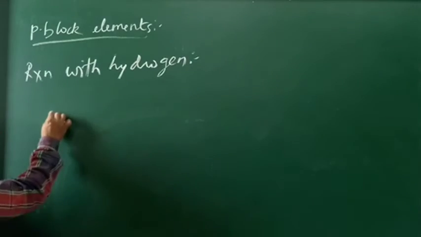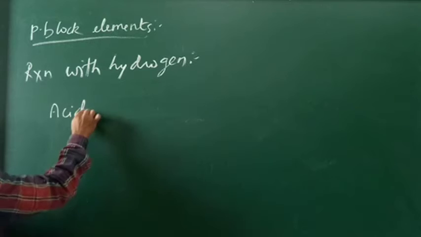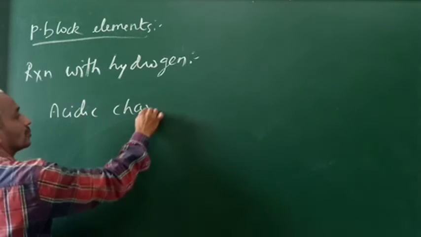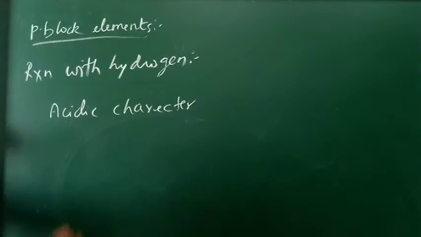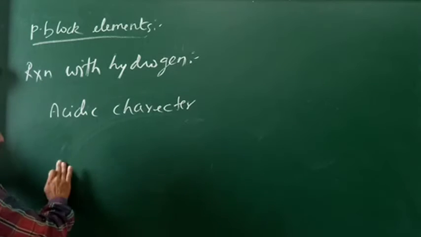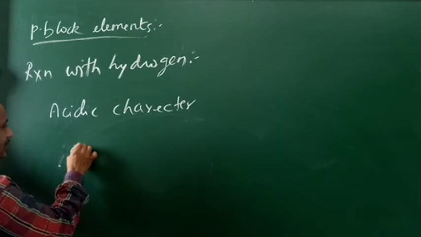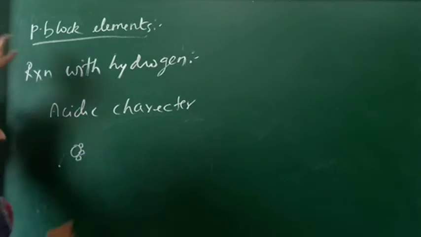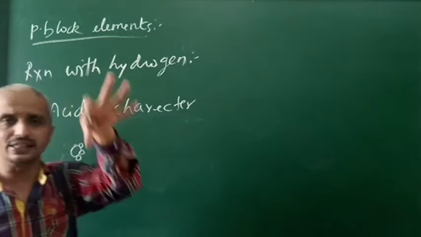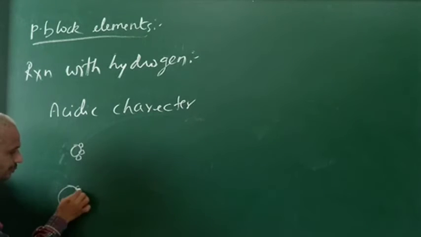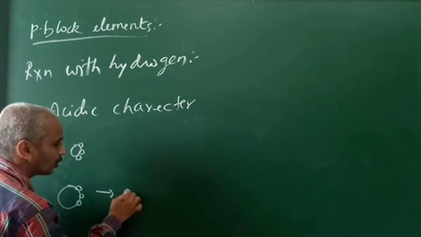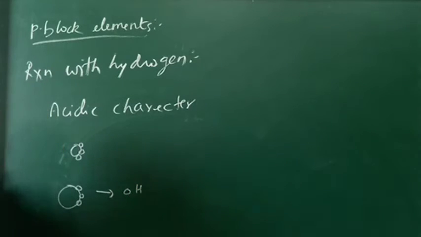What happens to the acidic character down the group? Remember, because of the smaller size, ammonia cannot lose the hydrogen easily. But as we move on, the size increases, and losing hydrogen is easy.